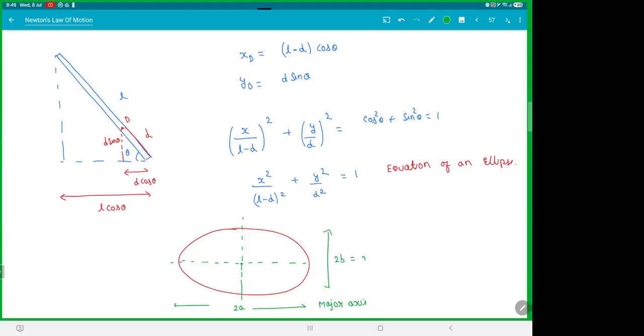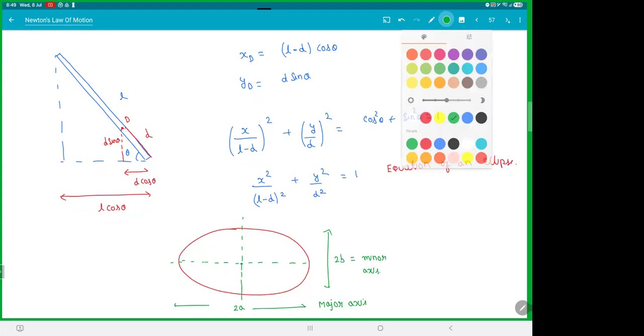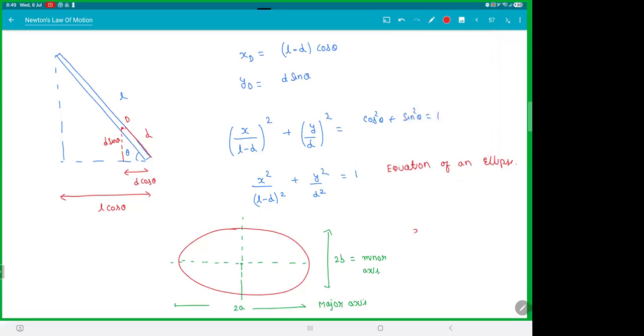This is called the minor axis. If a is equal to b, it becomes a circle. The general equation of an ellipse is (x minus h) whole square by a square plus (y minus k) whole square by b square is equal to 1. The center of the ellipse will be h comma k. If a becomes equal to b, you can see that it becomes the equation of a circle.